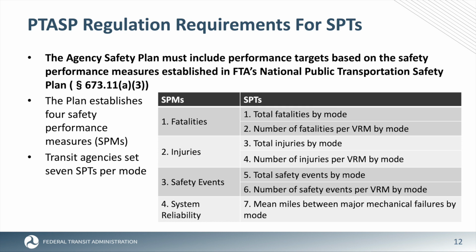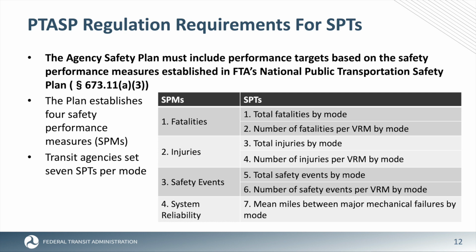And so for fatalities, injuries, and safety events, there are 2 SPTs for each, 2 required safety performance targets. For fatalities, it's the total number of fatalities by mode and the fatality rate per VRM by mode. And same for injuries and events.